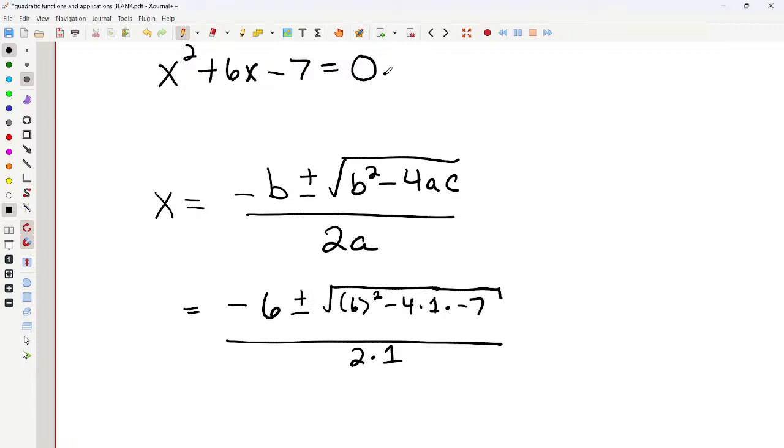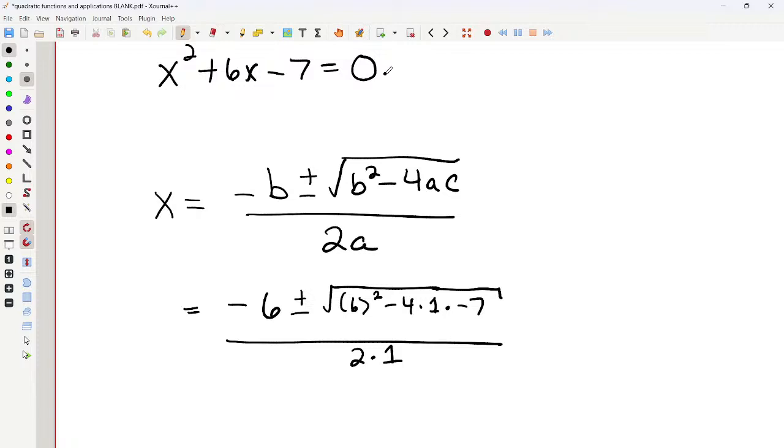Again, I suggested this particular calculator for a variety of reasons. I'm going to type in the fraction because there's a fraction on my tablet. Negative 6. Now, there's no plus and minus, so I just have to do one followed by the other.